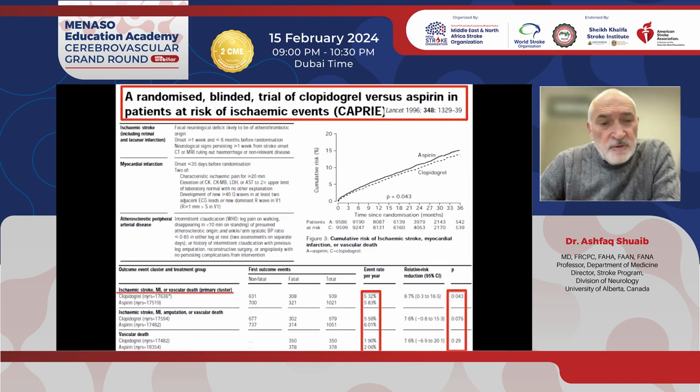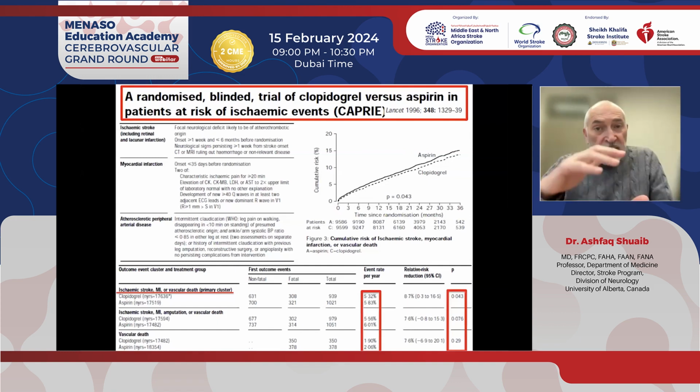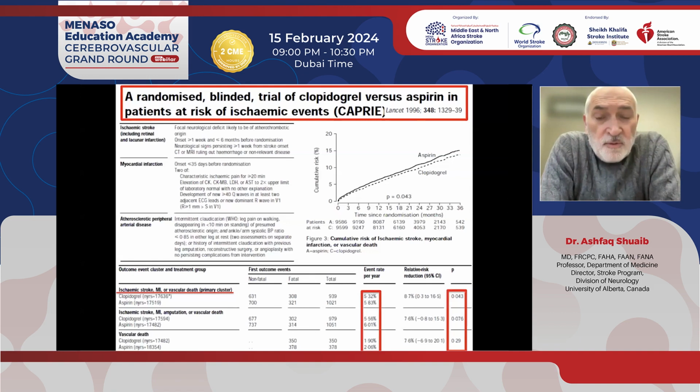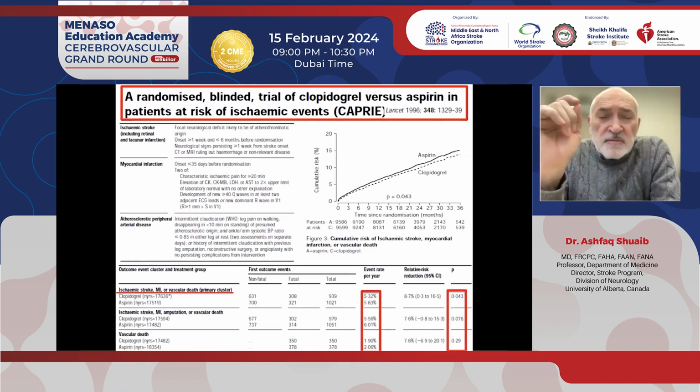And at the bottom, if you look at the three groups, you're not supposed to look at the three groups because it's a combined endpoint, but really the study was driven by peripheral arterial disease. In fact, in the MI group, it was on the wrong side of unity. So overall, Plavix is better than aspirin. Plavix is marginally better, so you'll have to treat 200 patients to get a benefit.